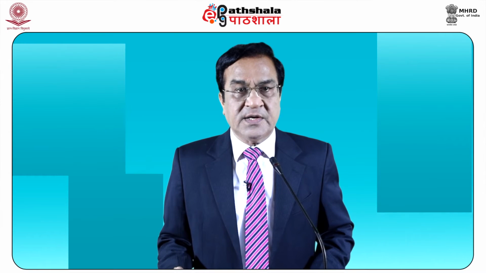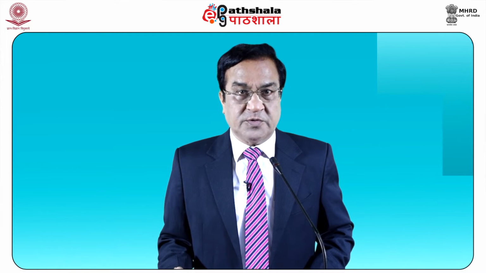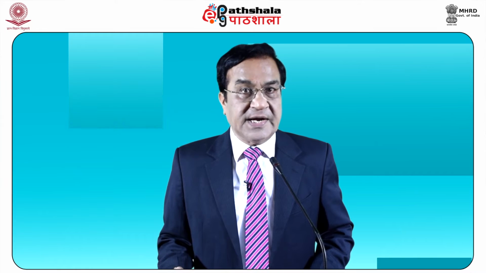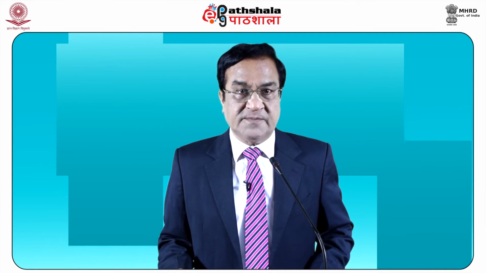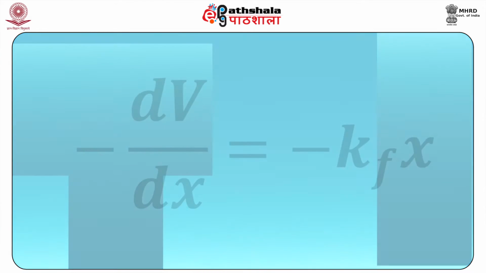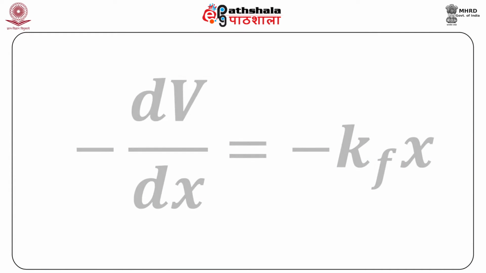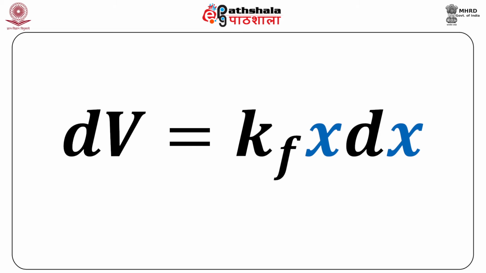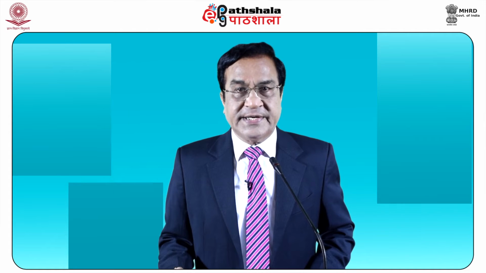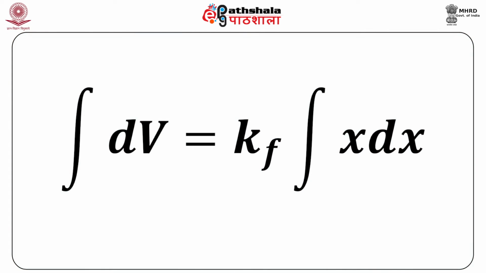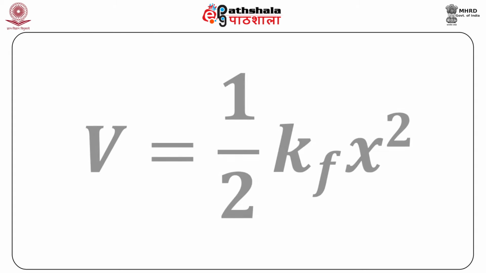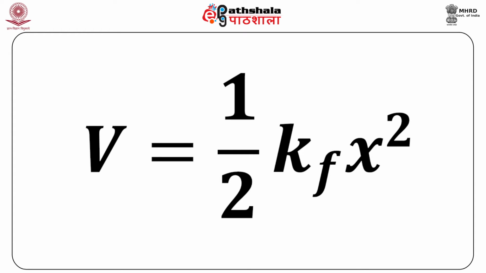If we substitute the value of the restoring force, kf x, we get minus dV by dx is equal to minus kf x, or in other words dV is equal to kf x dx. Now if we integrate it, as you can see here, we ultimately get the potential energy V is equal to half kf x squared.